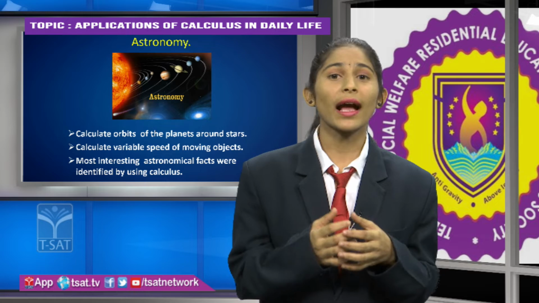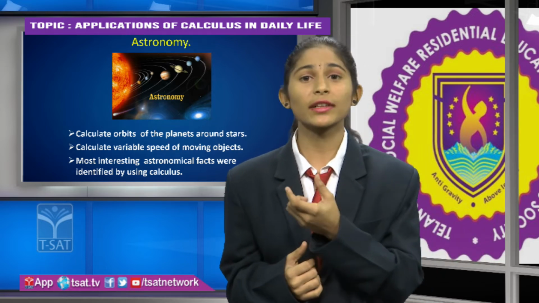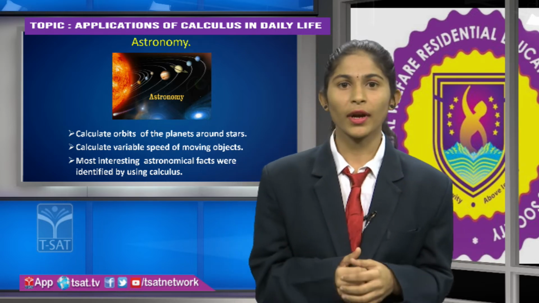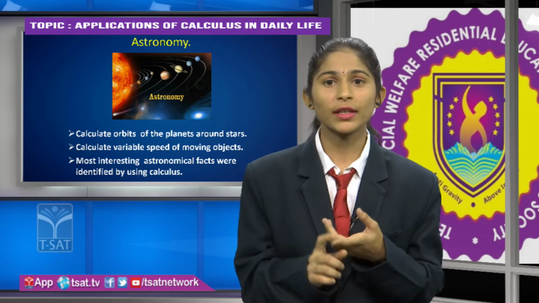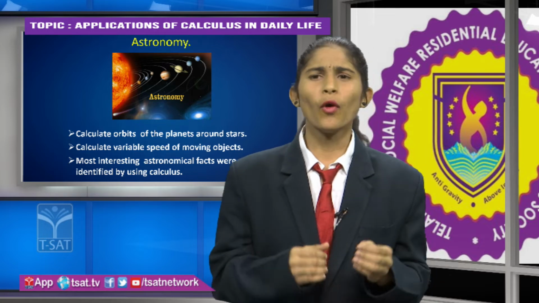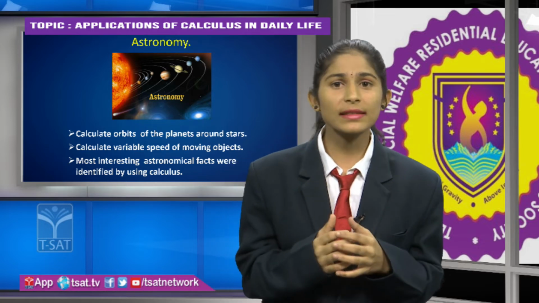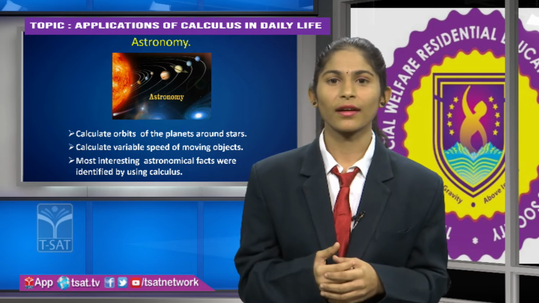Calculus is also necessary to accurately calculate the variable speeds of moving objects such as celestial bodies, comets, etc. Today's most interesting astronomical insights were gained with the use of calculus.